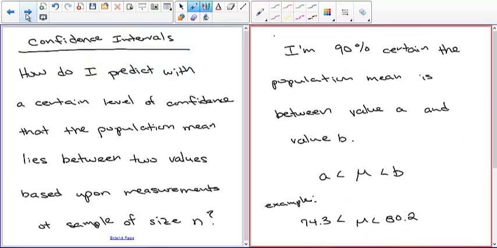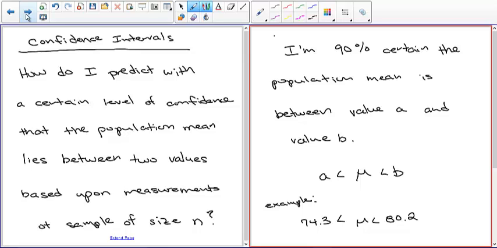And typically you talk about something called a certain confidence, 90% confidence. And we call this range of numbers where we say the population mean is going to be some percent confidence interval. So ultimately what I want to get to is I can say that I'm 90% certain that the population mean is between two given values of the variable.